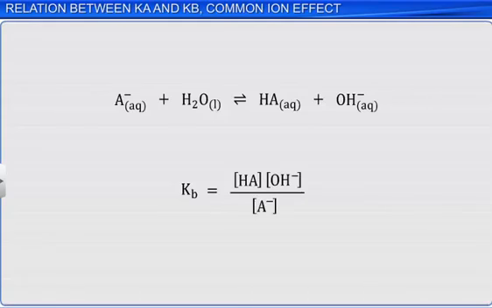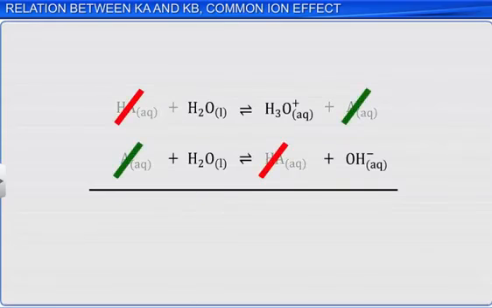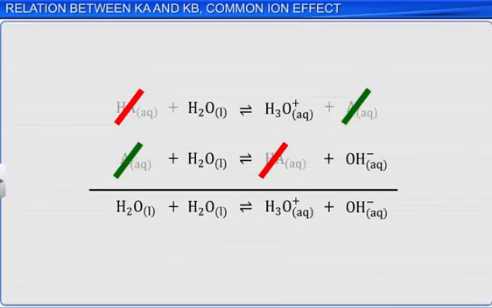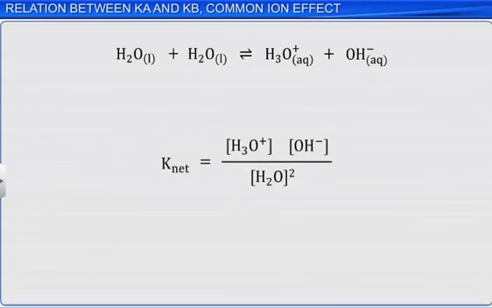On adding these two reactions together, the common terms cancel out, leaving the autoionization of water. The equilibrium constant for the net reaction may be expressed as K net is equal to the product of concentrations of H3O+ and OH- divided by concentration of water raised to the power of 2.